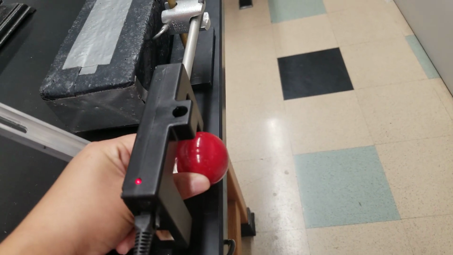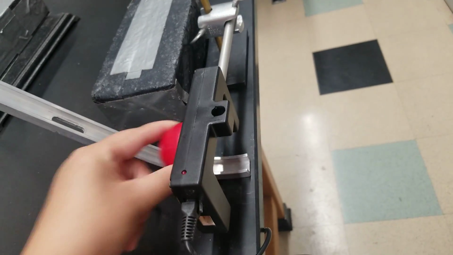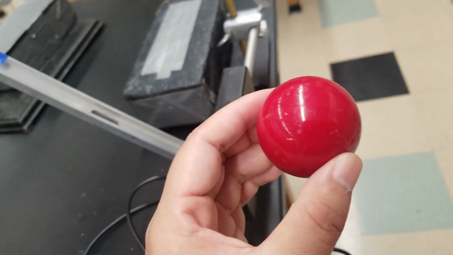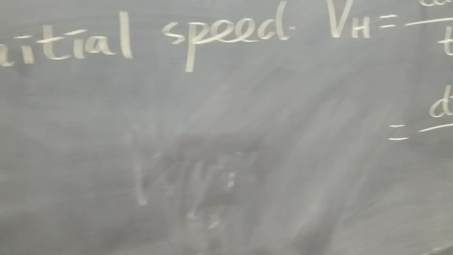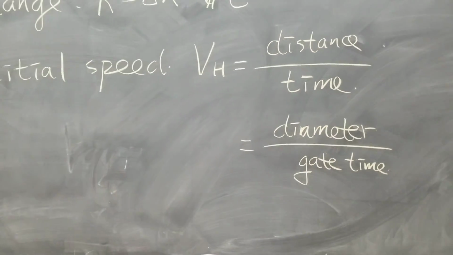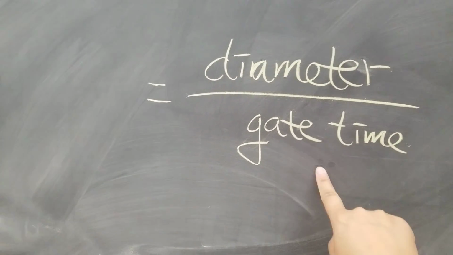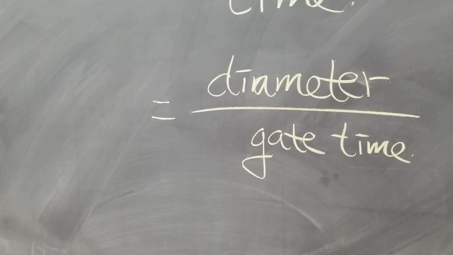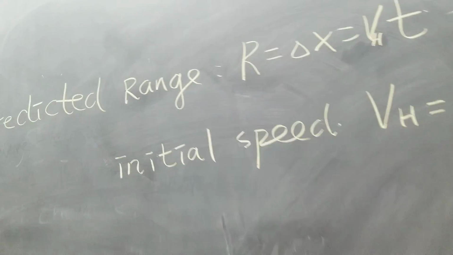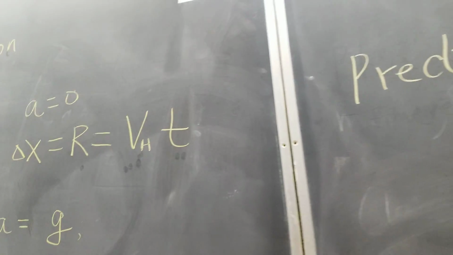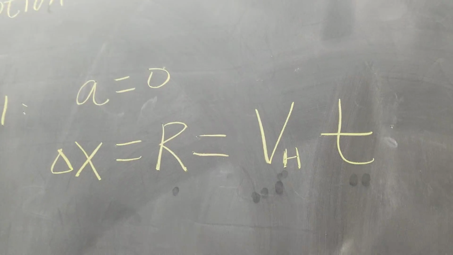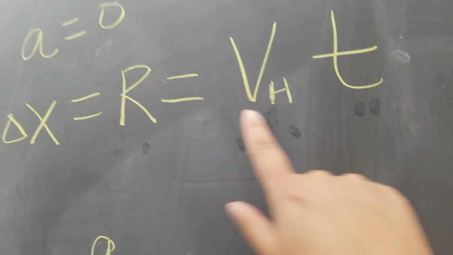So the distance it traveled during this time interval is actually the diameter of the ball. So you measure the diameter, and the initial speed is distance over time, diameter divided by the gate time, delta t. Once you find the initial speed, you can come back to this equation to find the predicted range.